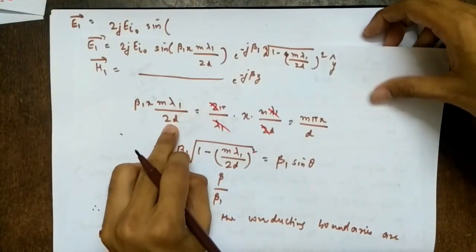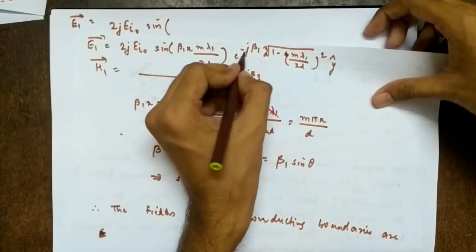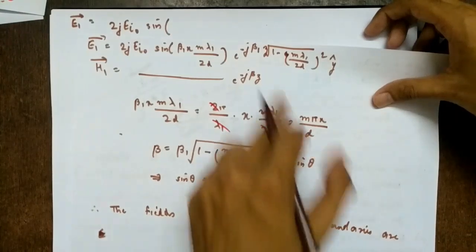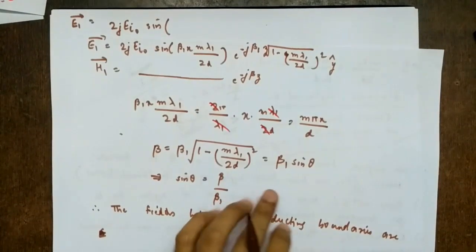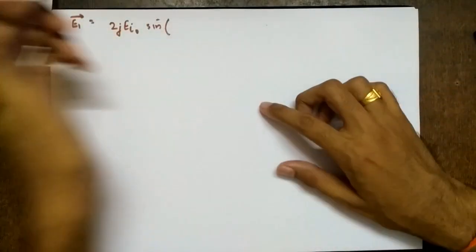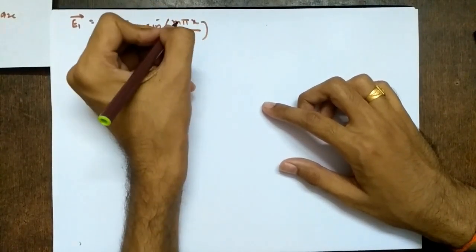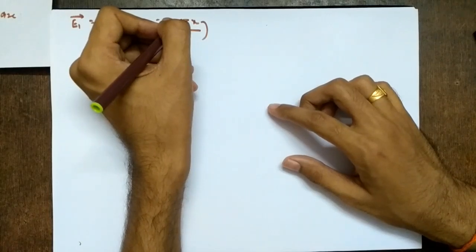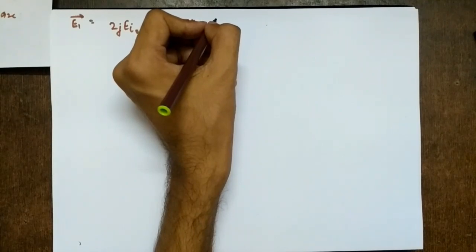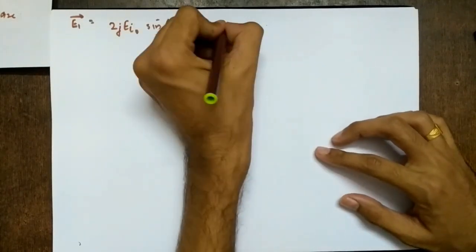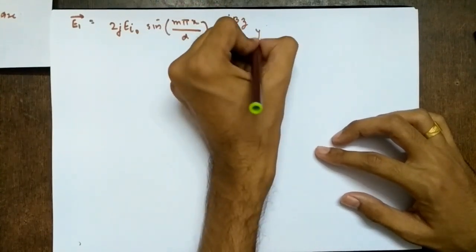Beta 1x m lambda 1 by 2d is m pi x by d. So 2j E10 sine of m pi x by d e raised to minus j beta 1 sine theta. So beta 1 sine theta z, and we are writing it as beta, right? So sine of m pi x by d e raised to minus j beta z y cap.